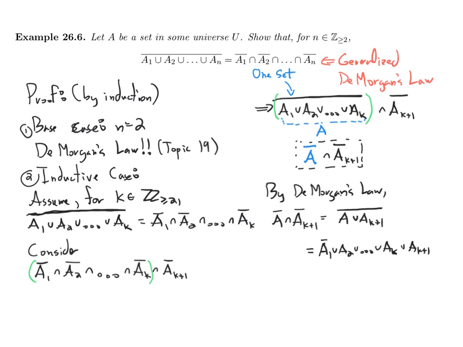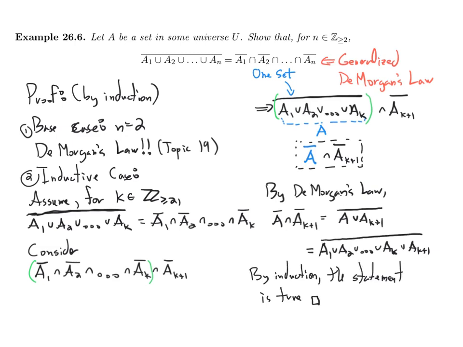And we're taking the complement of all of that. So we're good to go. We showed what we wanted. So we can write, by induction, the statement is true. And we're done.